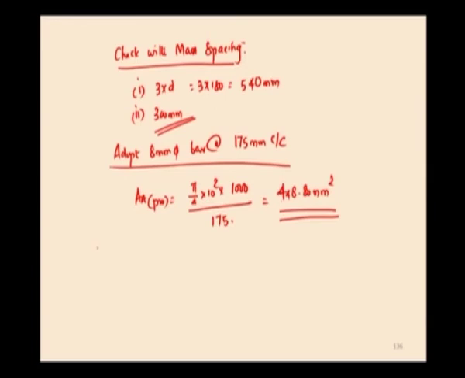In similar manner, we are going to find out the reinforcement along y direction. So along y direction, the MUY is equal to 1.5 into 10.99, that is equal to 16.485 kilonewton meter.